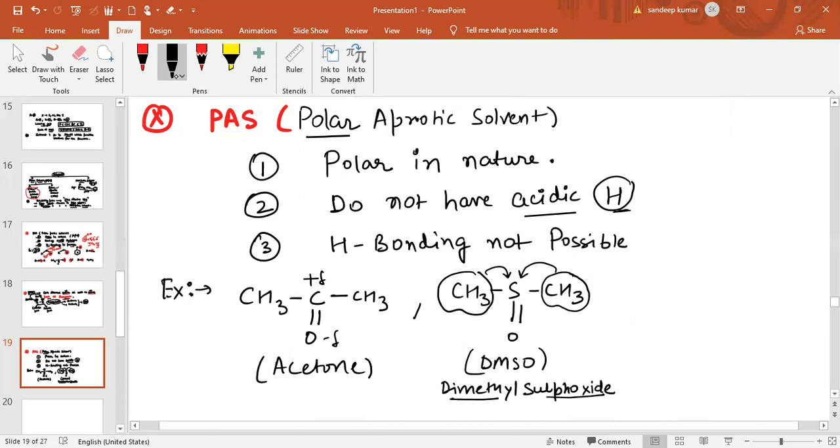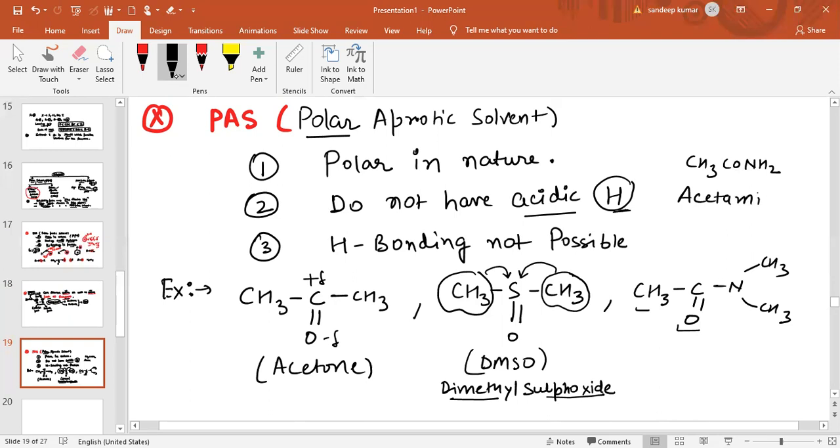In the same way, another polar aprotic solvent is this compound, CH3, C double bond O, NH2. We call this compound acetamide.